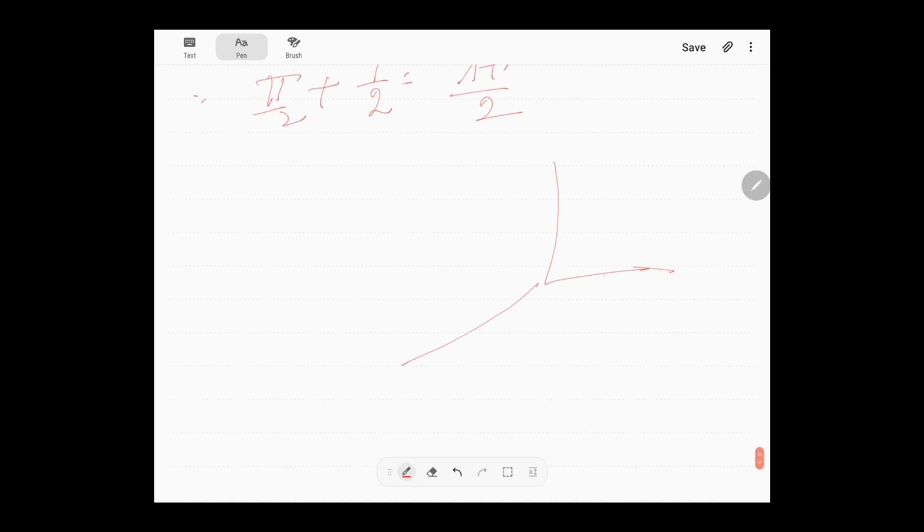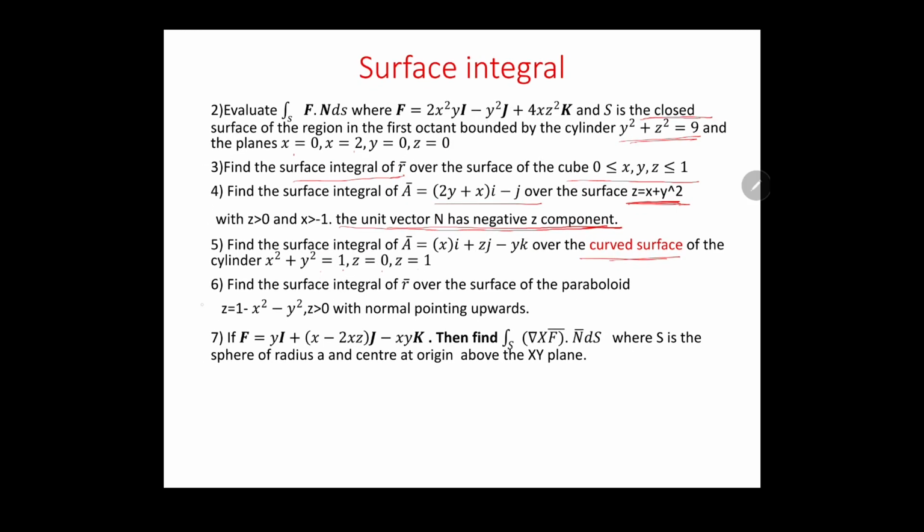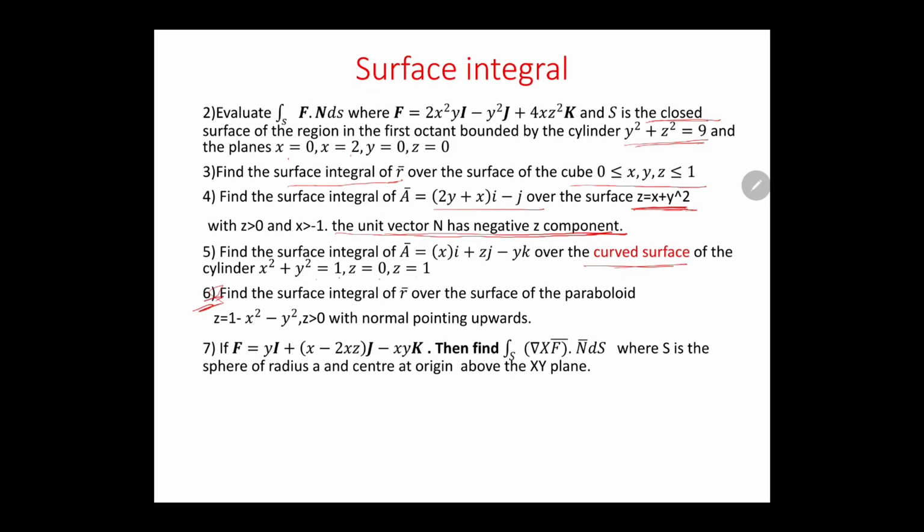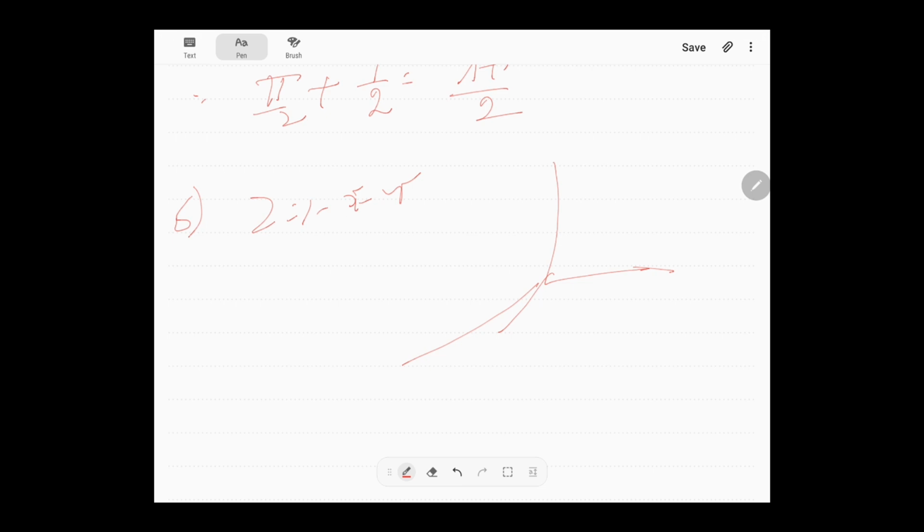For the sixth problem, you have a paraboloid in this way. The outward normal vector n bar: bring everything on one side, it is x square plus y square plus z is equal to 1.